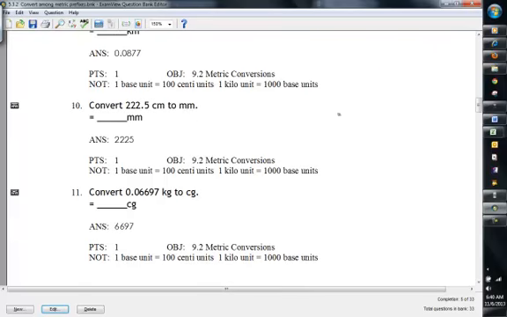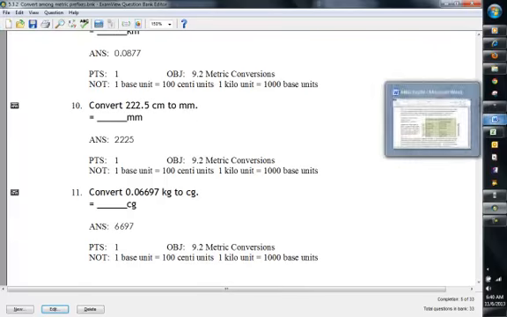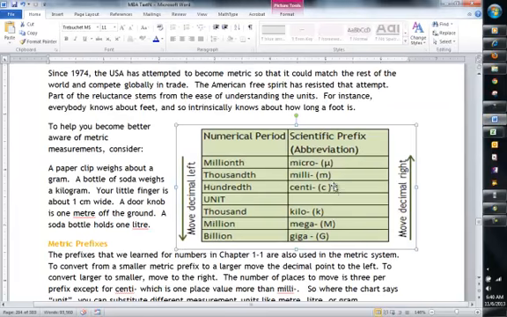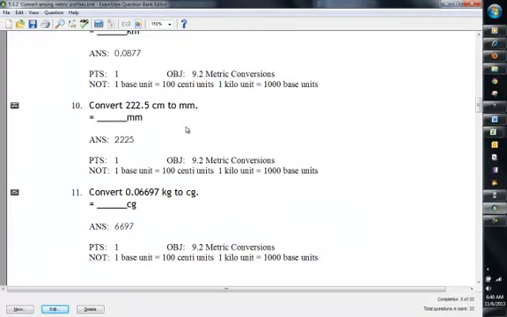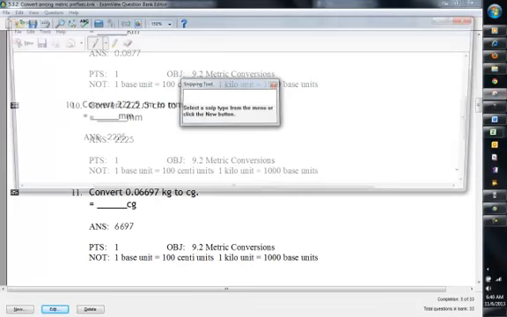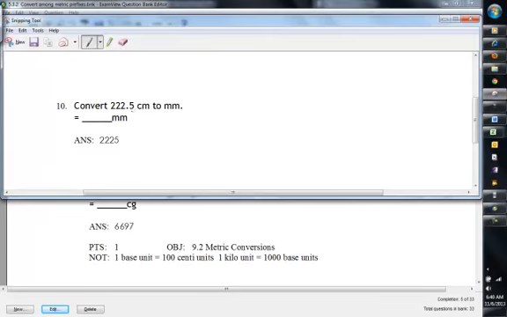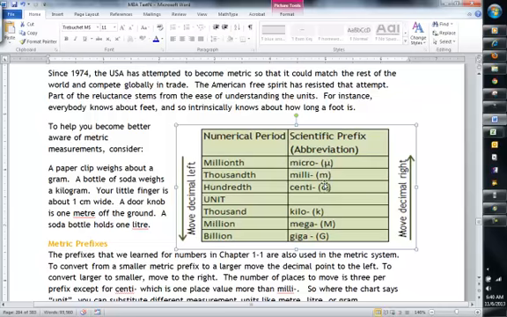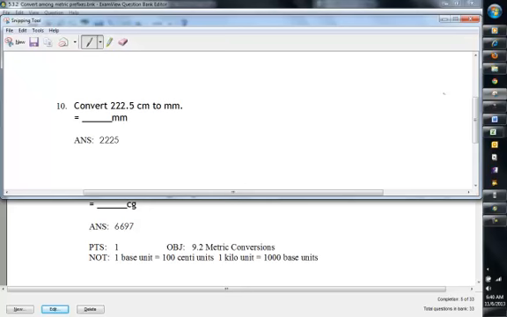Going from centimeters to millimeters, if you notice, this is 2 places, this is 3 places. The difference between 2 and 3 is just 1. So we're going to move the decimal point 1 place to the right because we're going centi to milli. We're going to move the decimal point to the right because we're going up the chart.